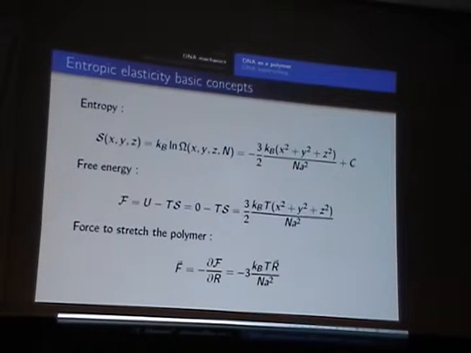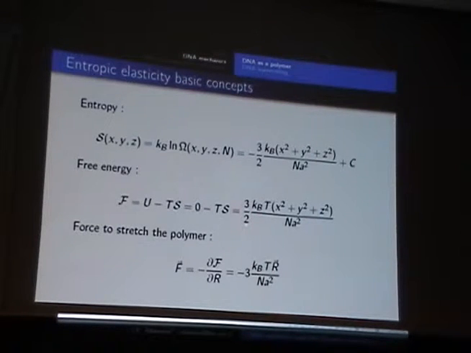Now you want to know what's happening when you stretch your polymer slightly. It means that you want to know how the free energy varies when you change the typical distance that you have. So you have to take the derivative, and this corresponds to the opposite of the force on the system.